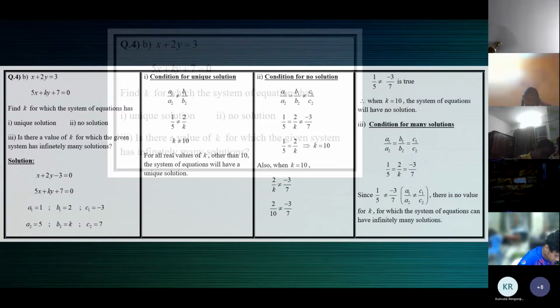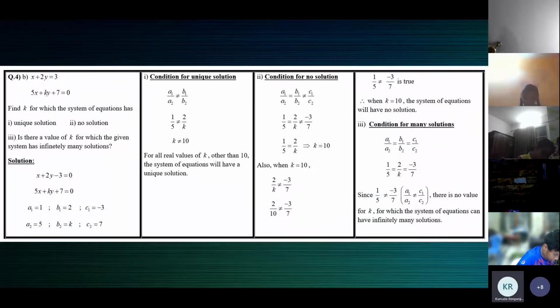Second one, I'm just checking what did you all get. First one, you all said k not equal to 10. Second one, when k is 10. And for third one, there's no value because 1 by 5 is not equal to minus 3 by 7.